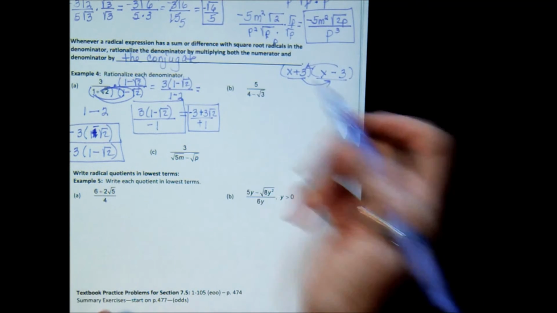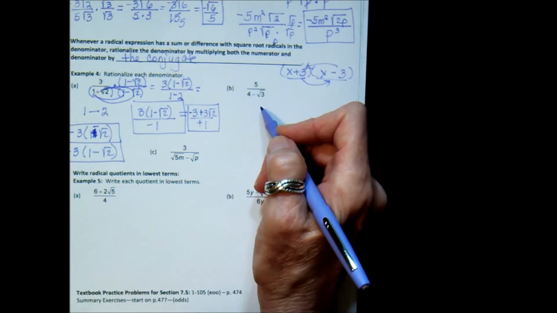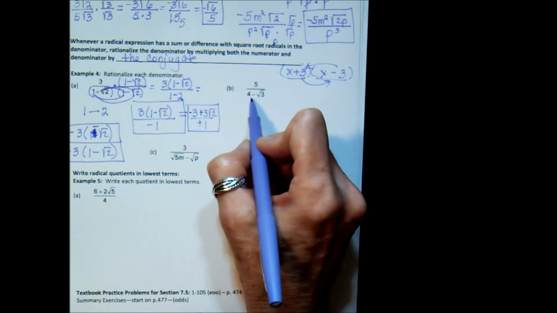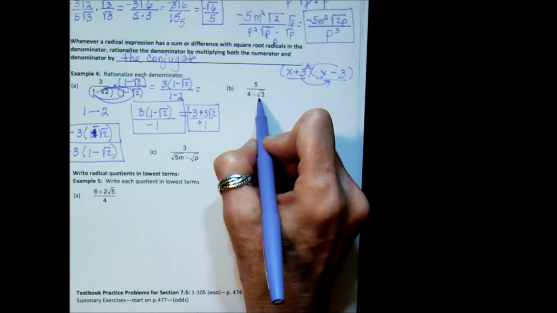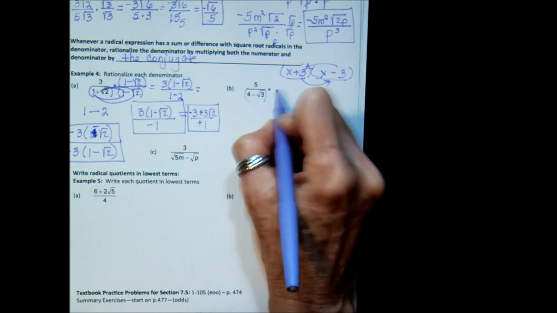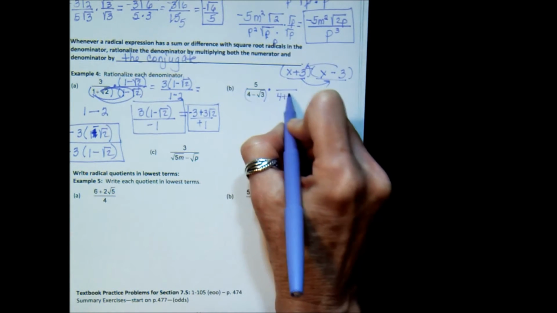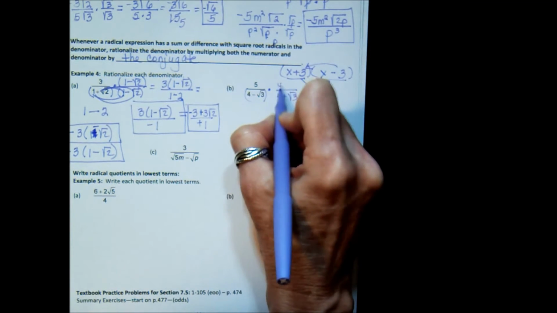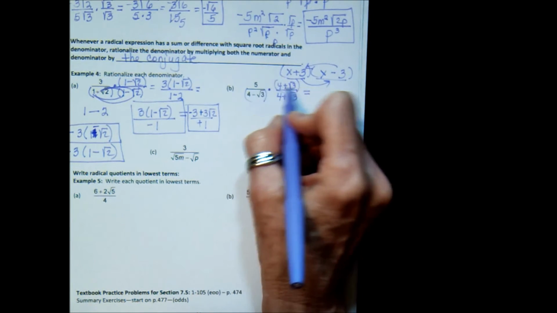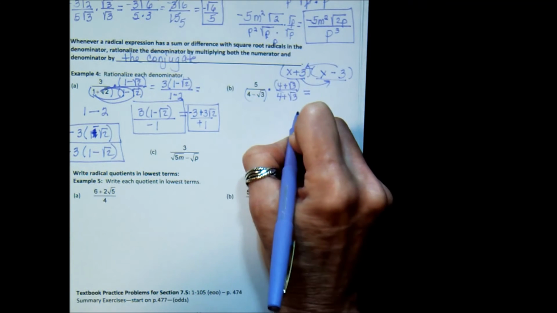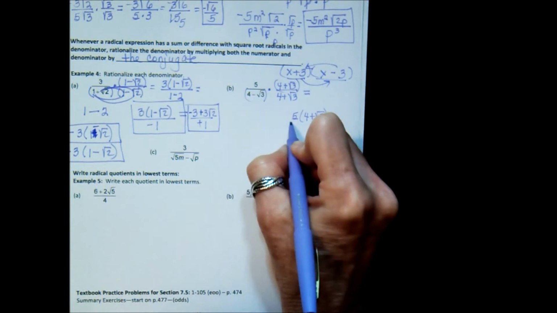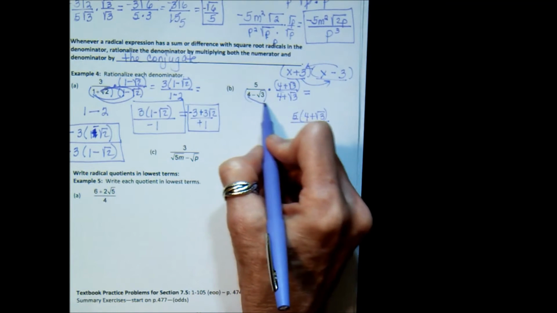Let's look at the next problem. We have 5 over 4 minus square root of 3. We're going to multiply by the conjugate of the denominator, 4 plus square root of 3. Again, I'm going to leave the numerator without being distributed, so 5 times 4 plus square root of 3 over, here I'm going to have a 16.